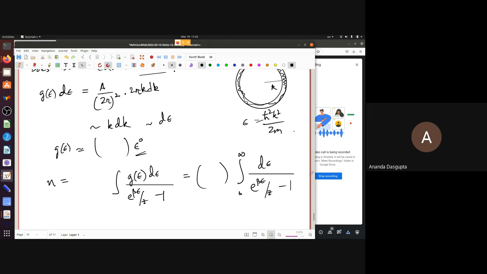I will ask you to finish the calculation. This integral actually is one which you can explicitly solve by simple substitution. You don't have to look at an infinite sum or anything. This is a simple enough integral to do.